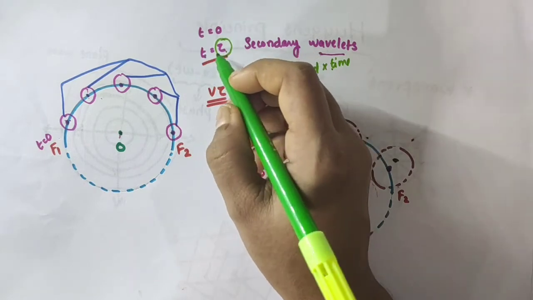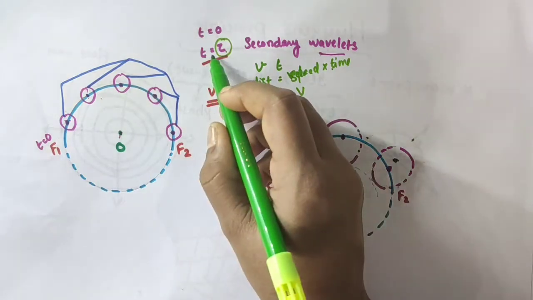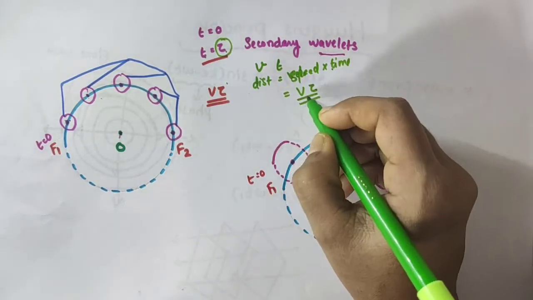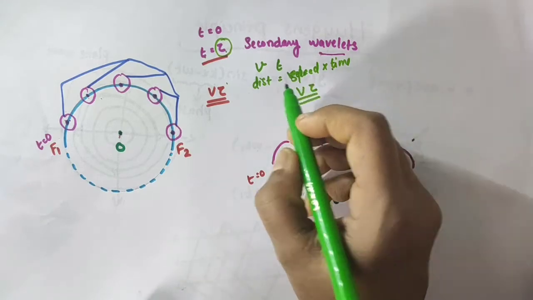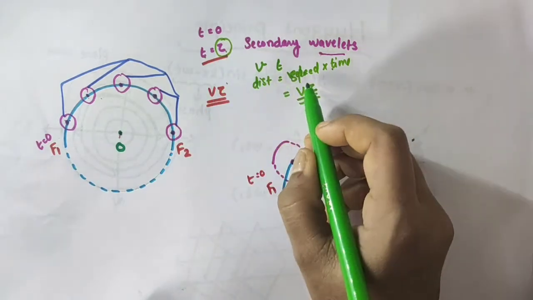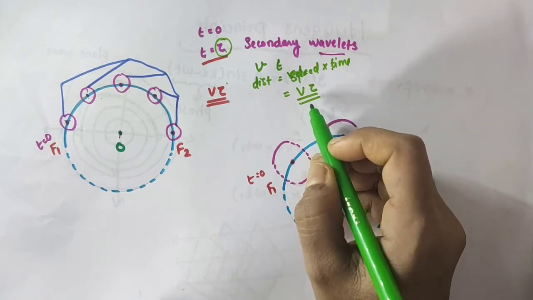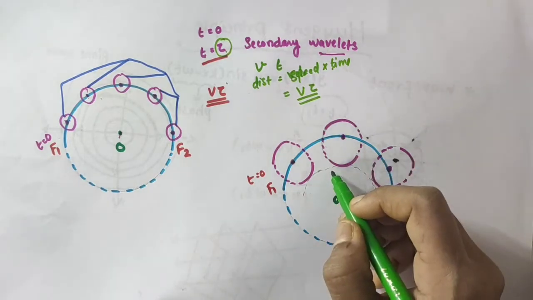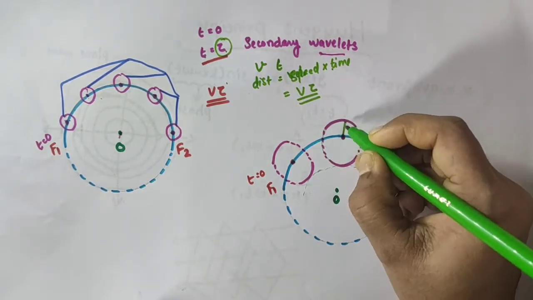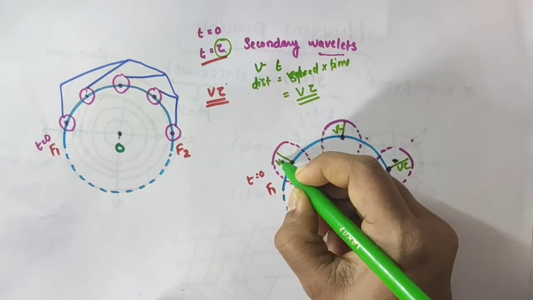So, we want to know the distance travelled by these wavelets during this time. The time is tau, so v tau is the distance travelled. That is, the wavelets travel a distance v tau from this point, forward as well as backward.